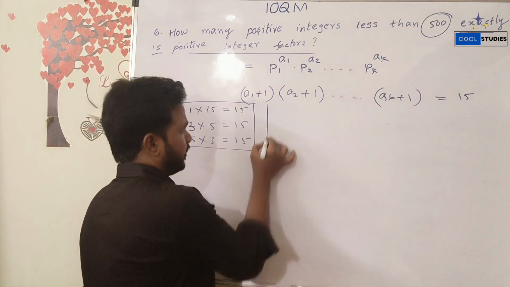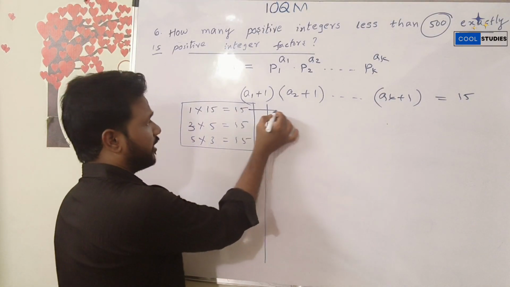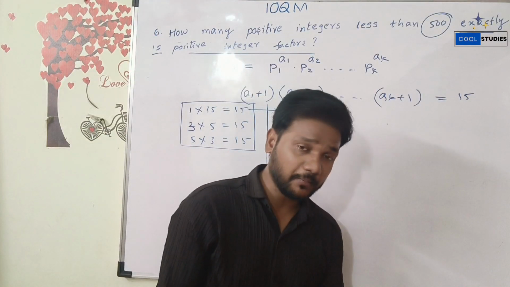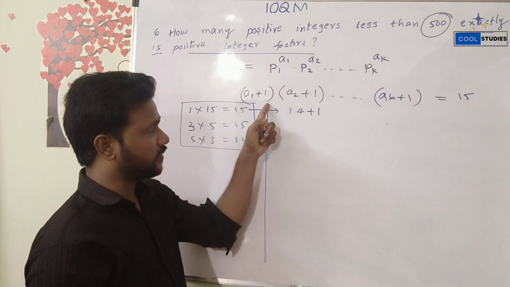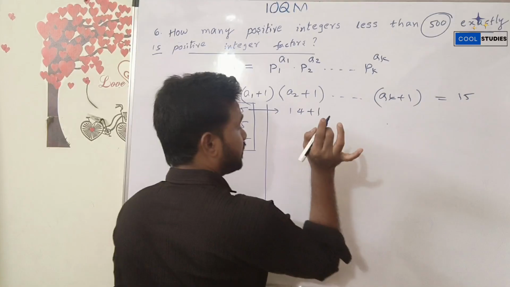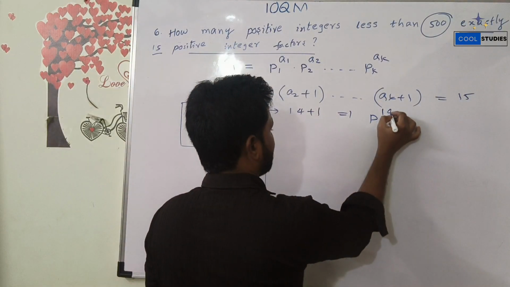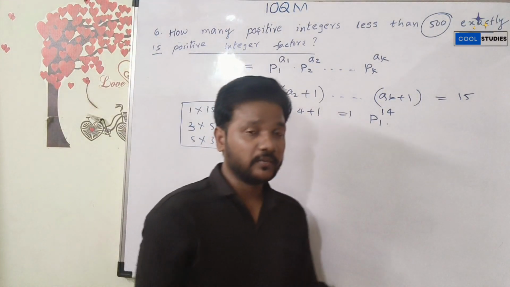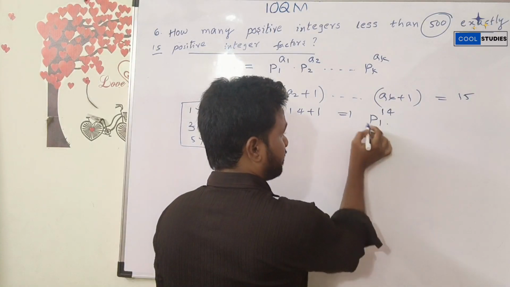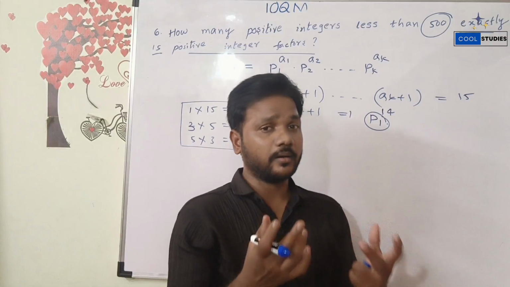Now let us take the first case. 15 means we can write 14 plus 1, because we write a1 plus 1, a2 plus 1 as the factors. So that means p1 power 14, where p1, p2 up to pk are all prime numbers.